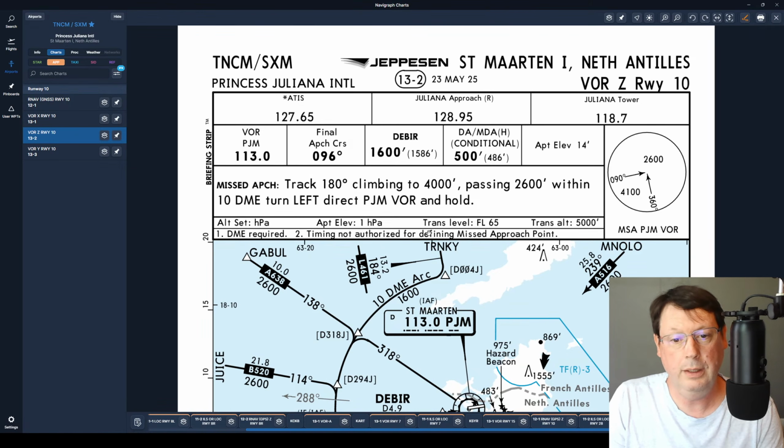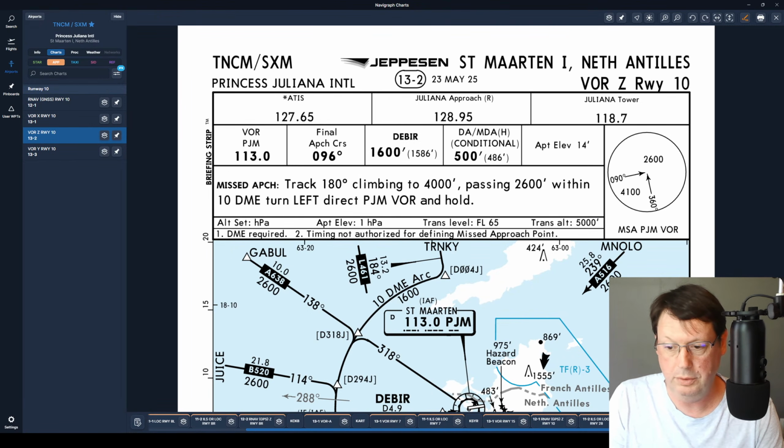When you're approaching Princess Juliana, you would change from 1013 to whatever the local altimeter setting is as you descend through flight level 65, 6,500 feet. As you're departing, you would change from the local altimeter setting to the standard setting of 1013 as you climb through 5,000 feet.